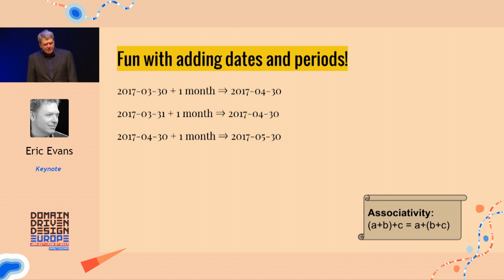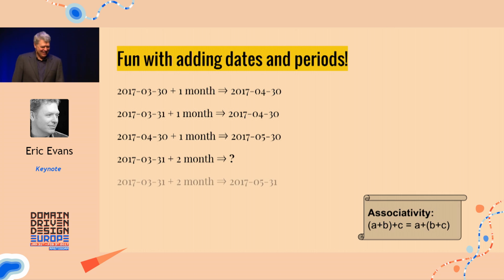April 30th plus 1 month is May 30th. What do you think March 31st plus 2 months is? Well, you can guess, and you'll have 2 guesses, and one of them will be right. So it's May 31st, which seems at least as right as the other one.